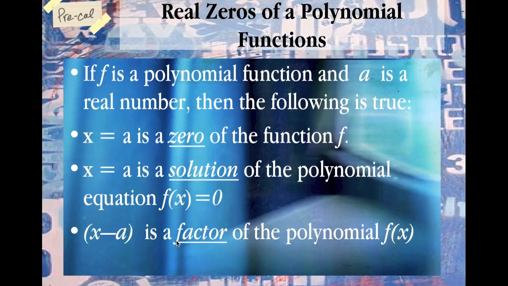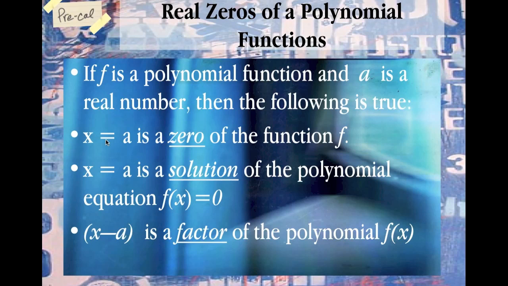So when you factor the polynomial, if you had something like x squared minus 4x plus 4, then it would factor into x minus 2 times x minus 2. Well, those x minus 2's are factors because I've factored the polynomial, pulled it apart. Until I write it as this, I don't have zeros, or roots is another way of saying this.